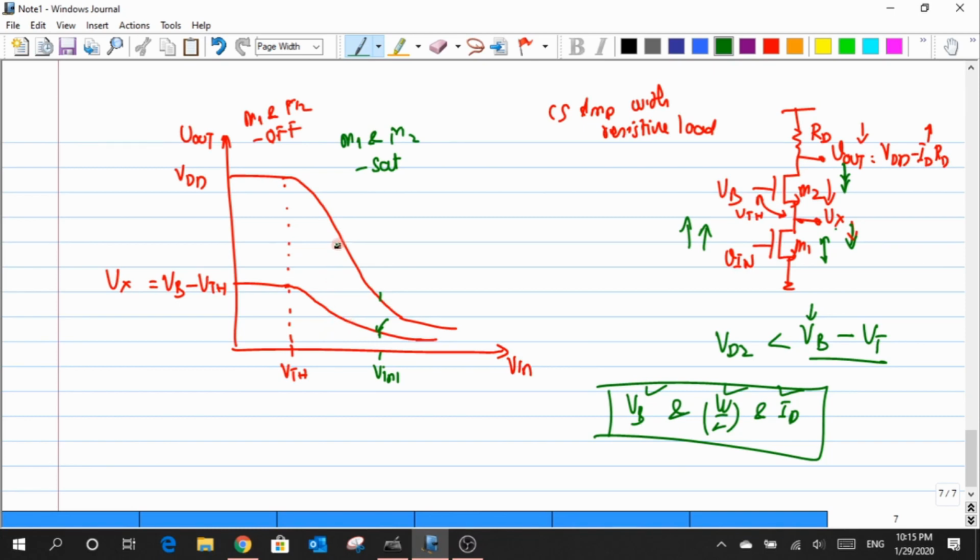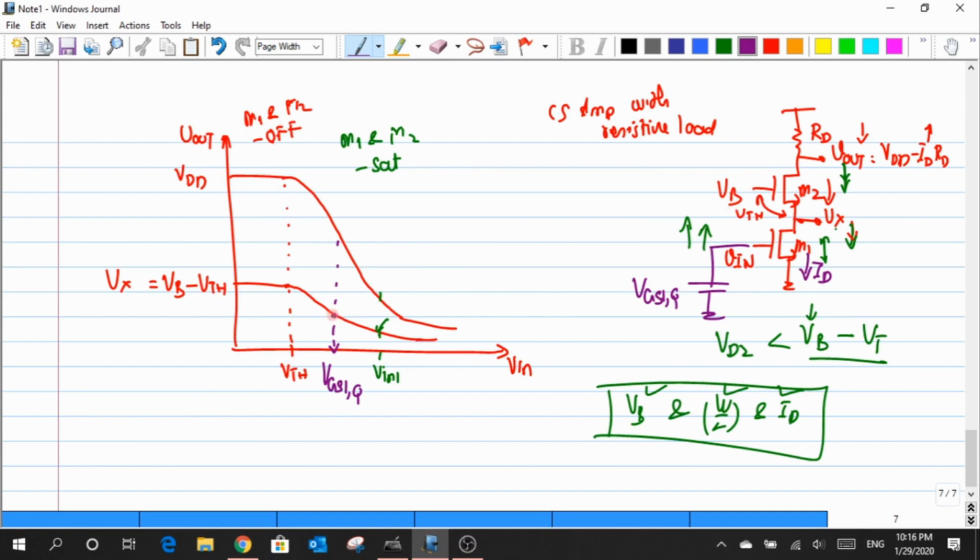Let me define the Q point such that it defines a particular value of current. Let me take this Q point as VGS1Q. I have defined a value of VGS1Q here, and that defines a current ID. In order to have that, I need a particular value of VGS to be defined across the gate and source of my M2 transistor.